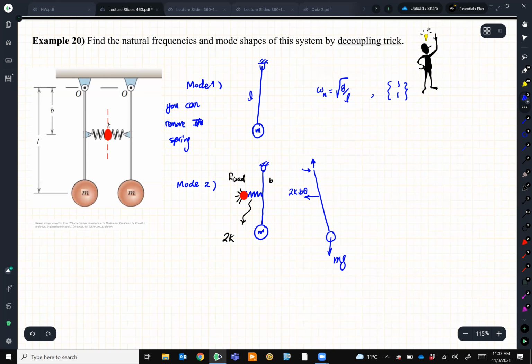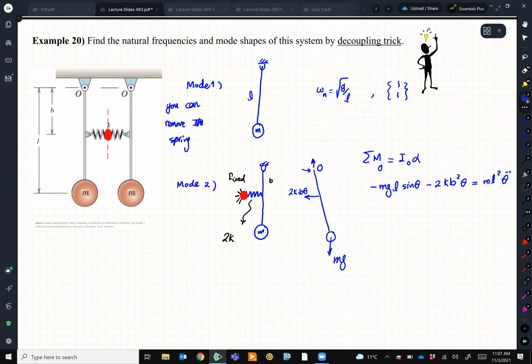If I write the equation, sum of the moments about point O equals I_O alpha, I have mgL sine theta, 2K b squared theta equal to mL squared theta double dot. You know this one, right?